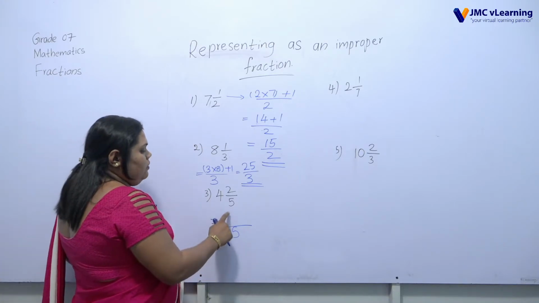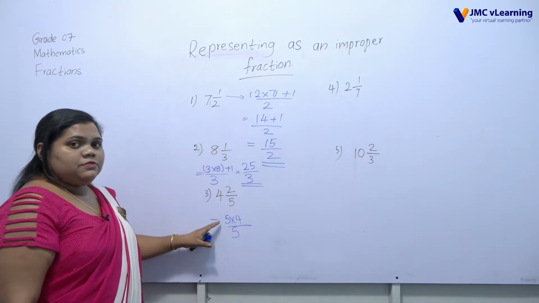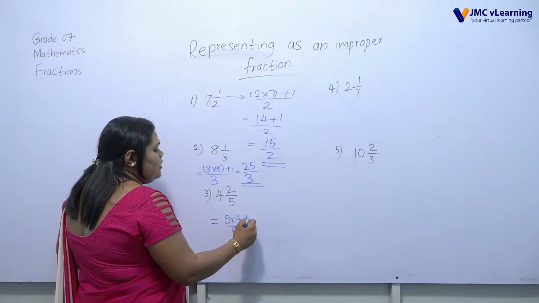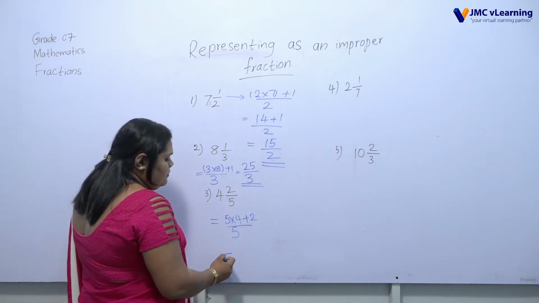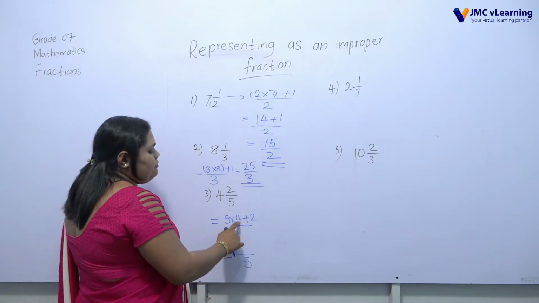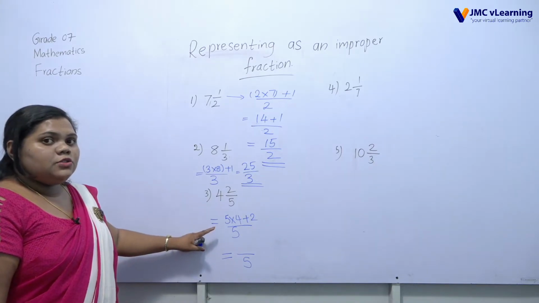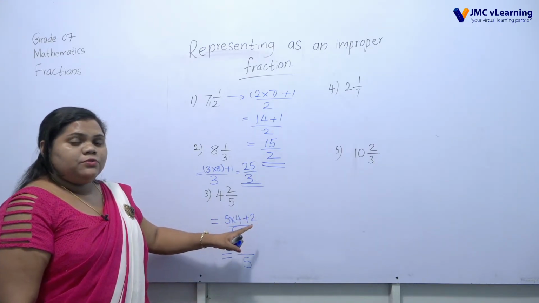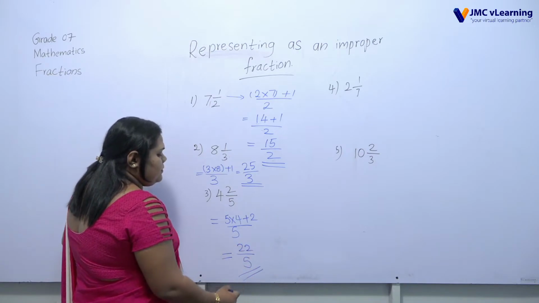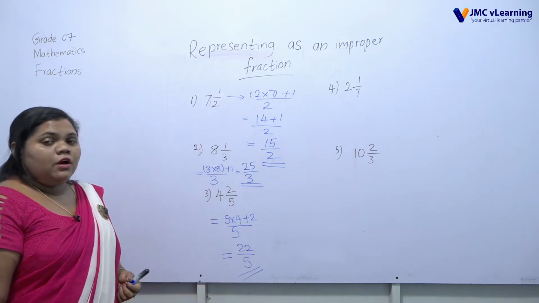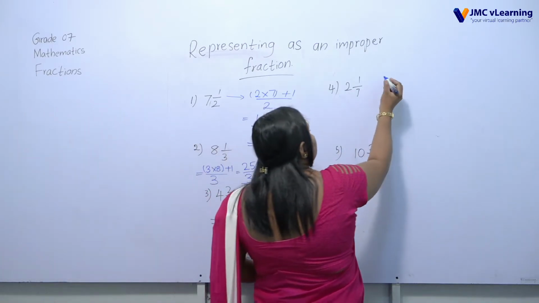Now you want to multiply this 5 by 4, and after that you want to add 2 for that. 5 times 4, 20. After that you want to add 2 to that 20. What is the answer then? 22. The answer is 22 out of 5. Okay children? Now the fourth one.